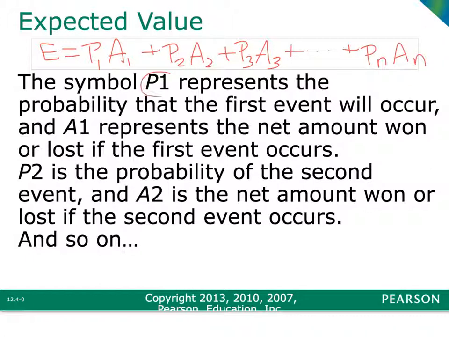In this formula, the P sub 1 represents the probability that the first event will occur, and A sub 1 represents the net amount won or lost if the first event occurs. P sub 2 is the probability of the second event occurring. A sub 2 is the net amount won or lost if the second event occurs, and so on.